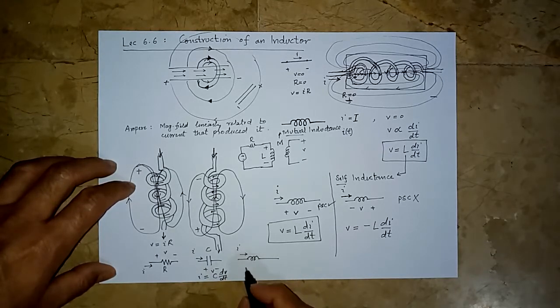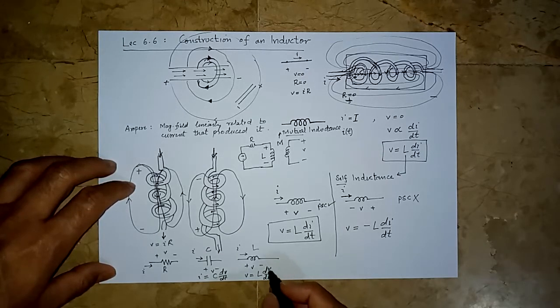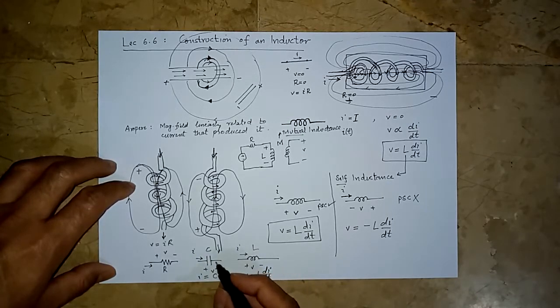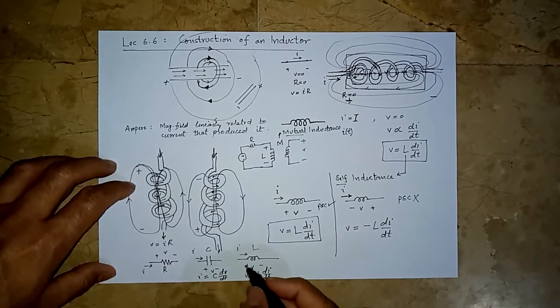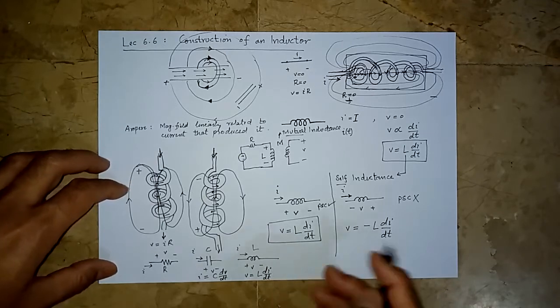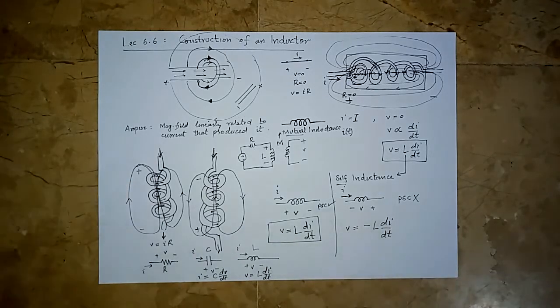And for the case of an inductor, the voltage across the inductor is related to the current through it by this expression. And the good thing is that passive sign convention holds for each of them. If passive sign convention does not hold, we are going to put a sign on one side of the equation, and that is going to keep things very simple for us.